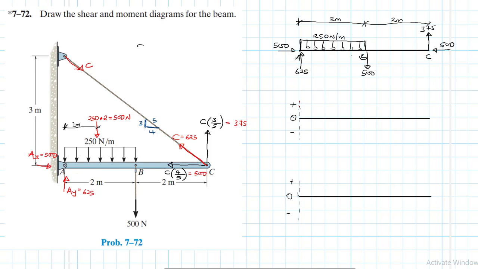We know that dV/dx is equal to negative the load, because our load is pointing down, and also the derivative of moment, dM/dx, is equal to the shear force. So with these relations, we're going to do our plotting. These relations are quite vital, and I'll explain as I go on.